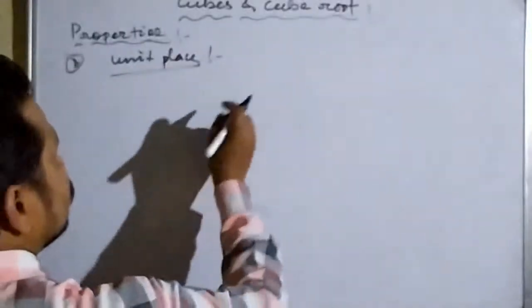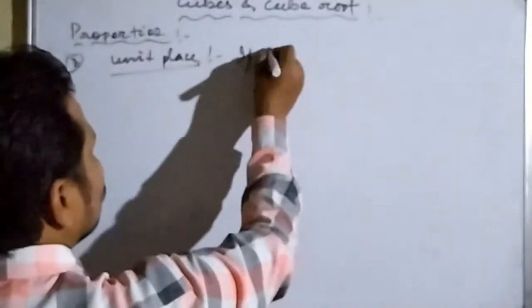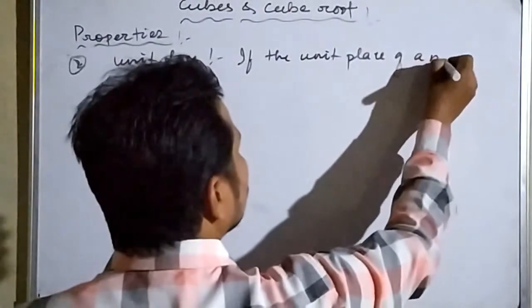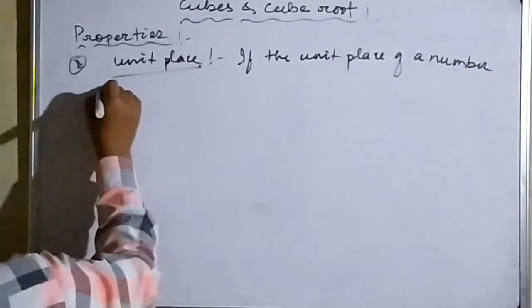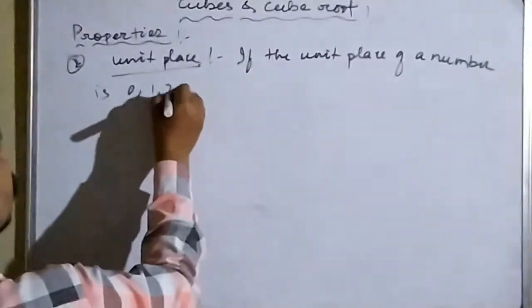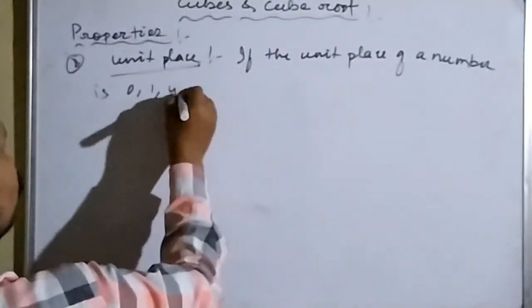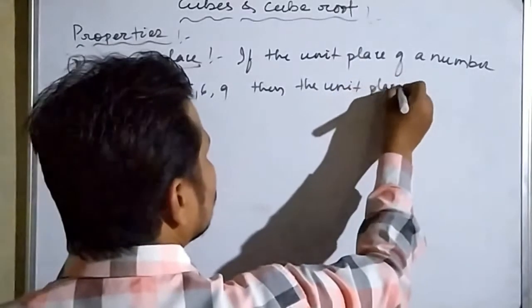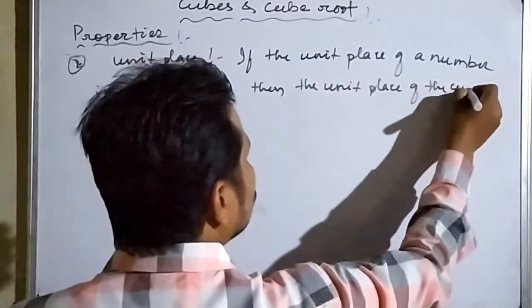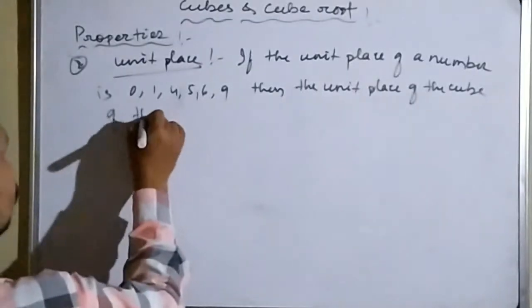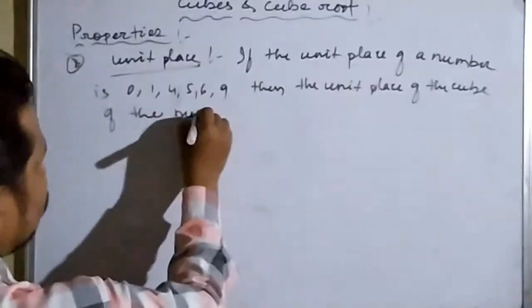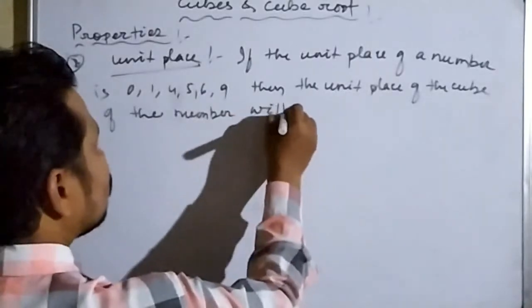If the unit place of a number is 0, 1, 4, 5, 6, 9, then the unit place of the cube of the number will be the same.